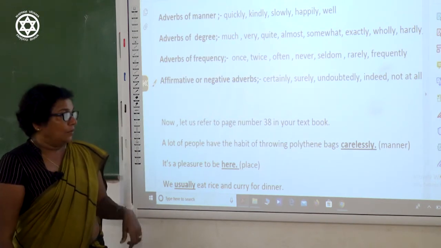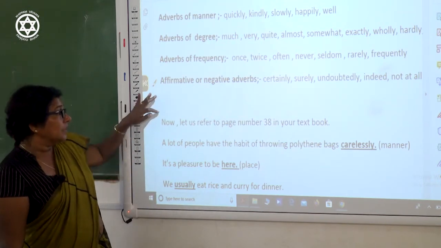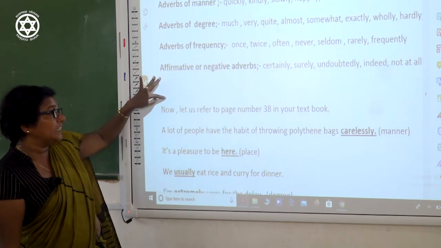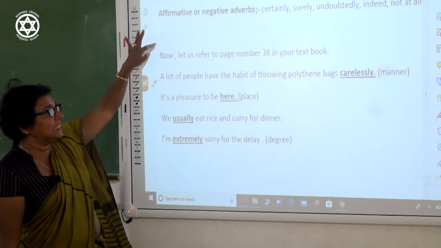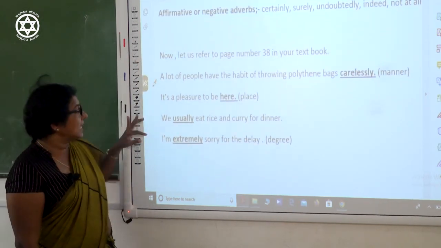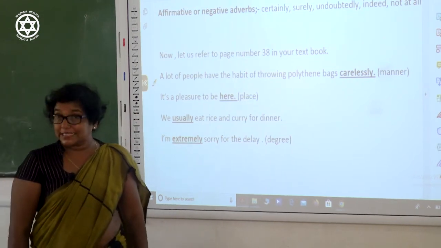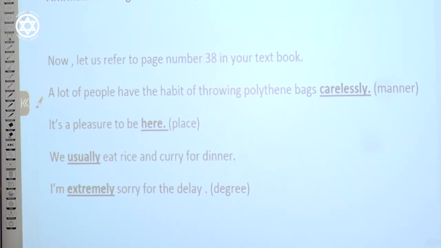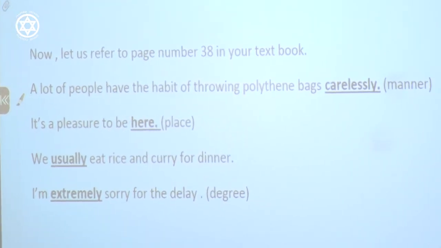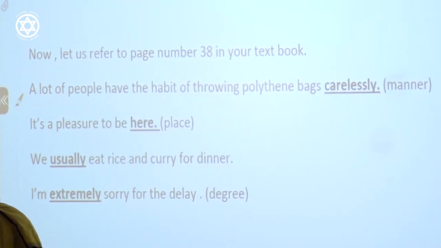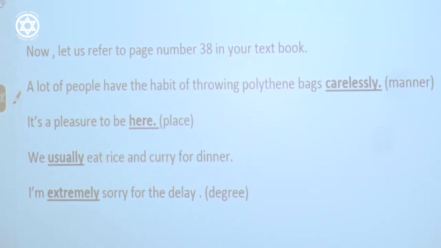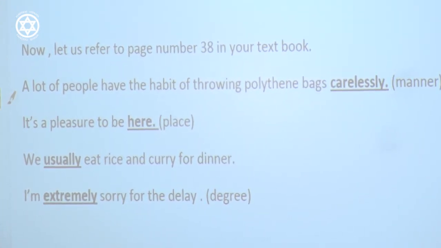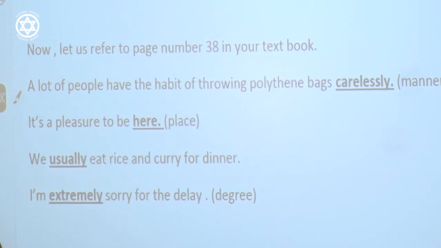Now I want you to refer to page number 38 in your textbook. There is an activity. Before the activity, there is an explanation about adverbs. This is the summary of what I have taught you so far. Look at the examples. A lot of people have the habit of throwing polythene bags carelessly.